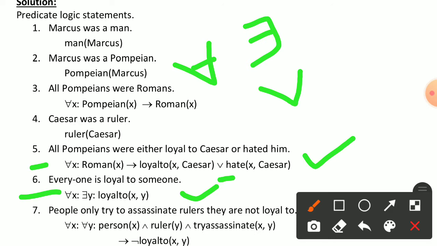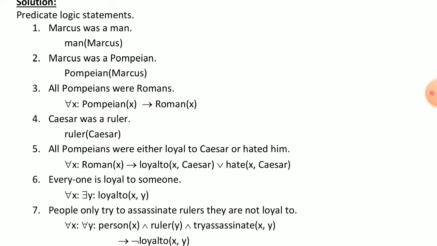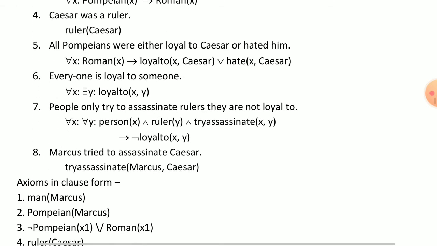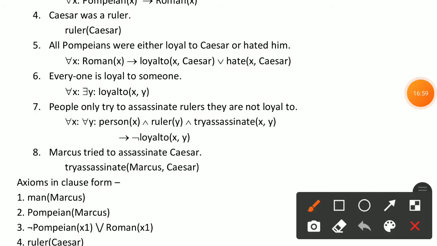X and Y are different objects and they are loyal to X comma Y. Next is the seventh sentence.